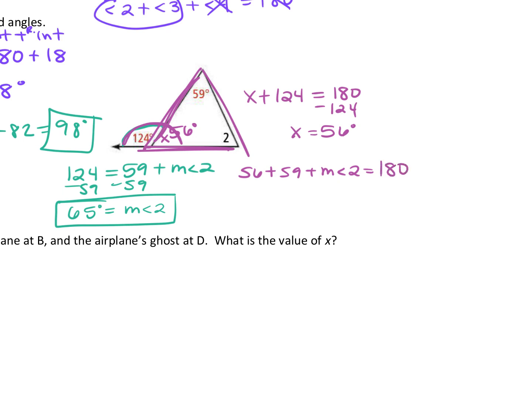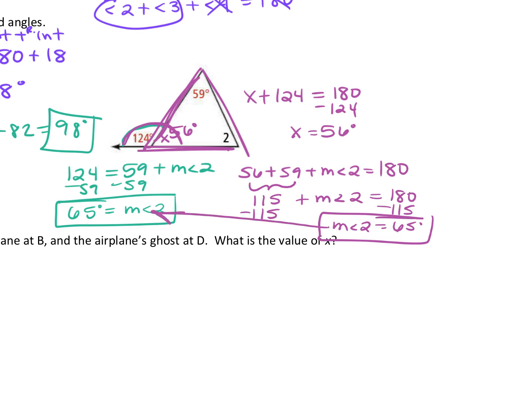If you do it that way, did I add that right? Yes, I did. So if I add these together, that's 115 plus the measure of angle 2 is 180. Take away the 115 and the measure of angle 2 will be 65.